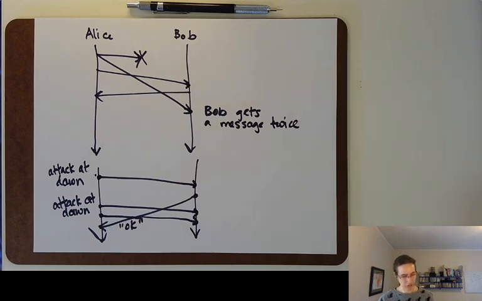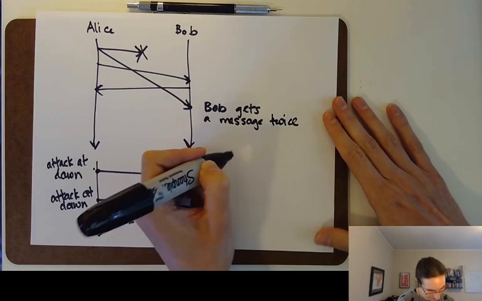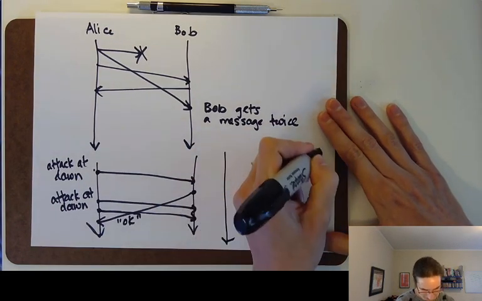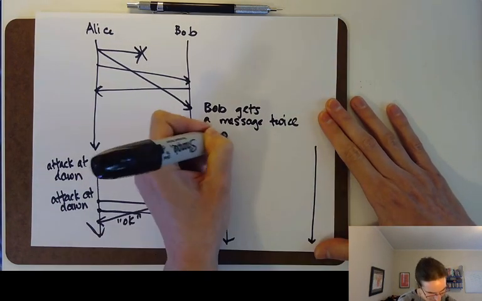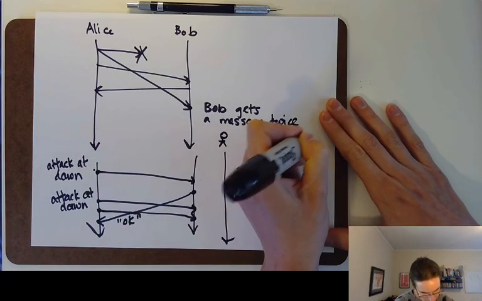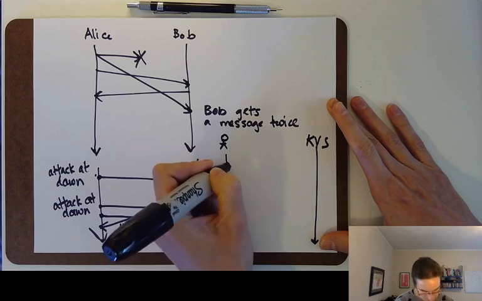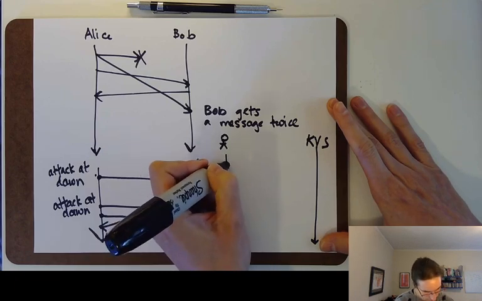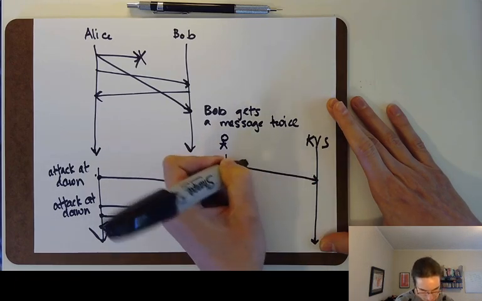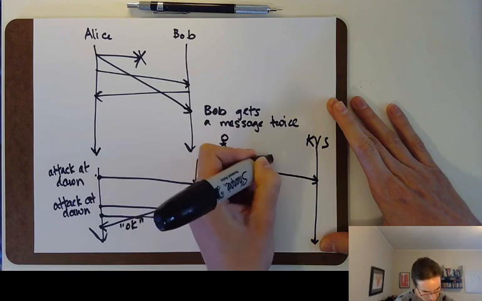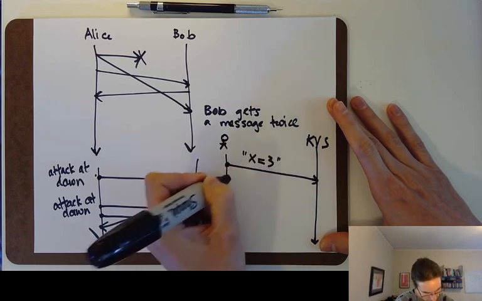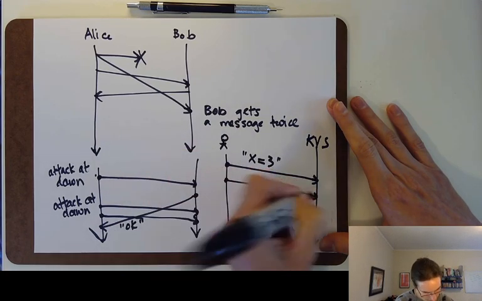So let's say that you're assigning a value to a key in a key value store. So say I'm a client here, and here's the key value store, and I send the message. First, let's say I send the message assign 3 to x. And let's say that that one gets duplicated.